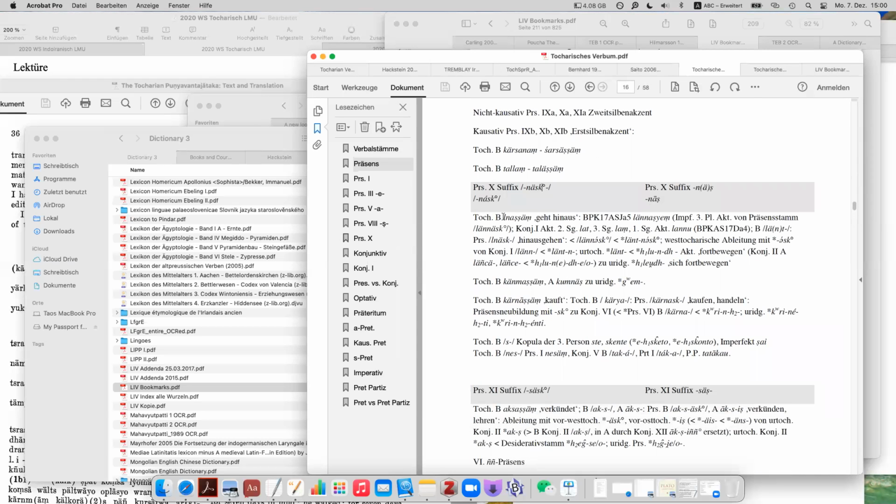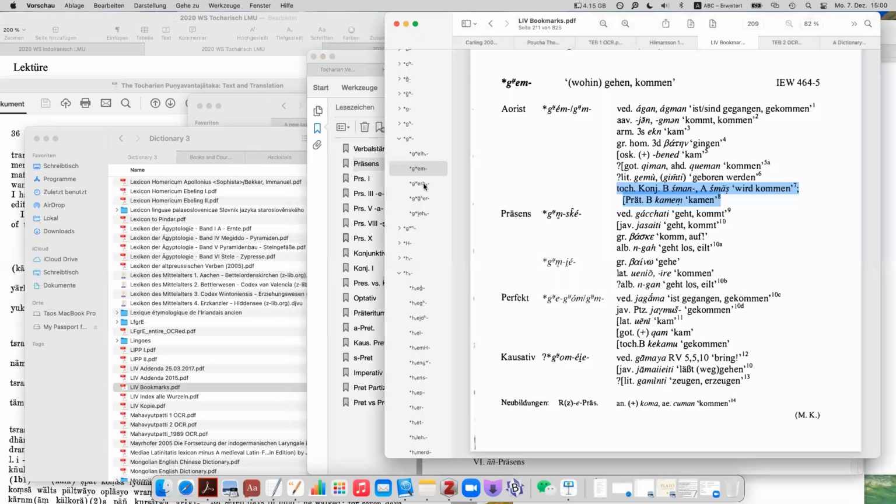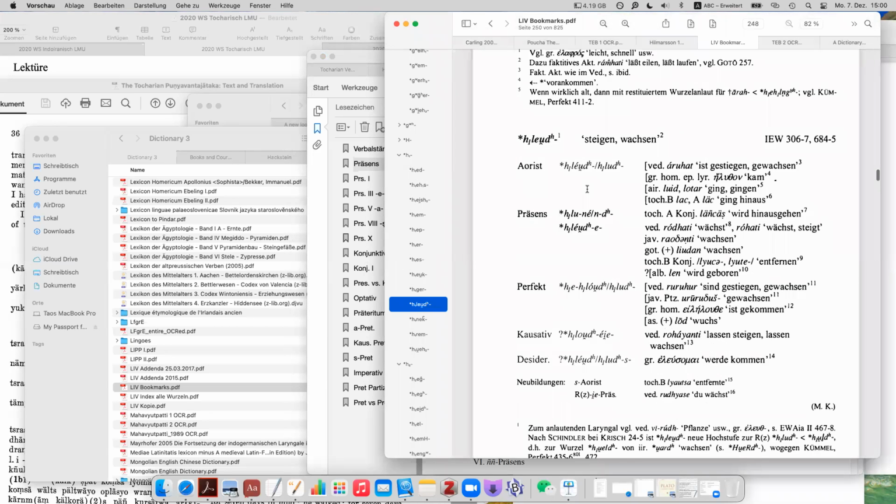Yeah. So for the nusk, we have a root called lint. Yeah, and this root is also a very important Indo-European root. It's called lint. It's actually cognate with what we have already seen, namely with this root.